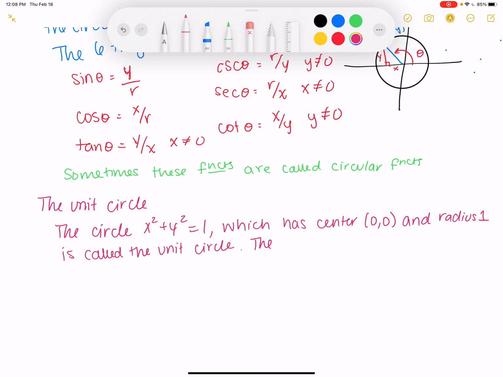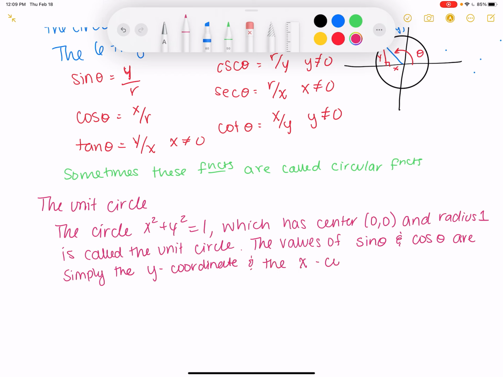The values of sine of theta and cosine of theta are simply the y-coordinate and the x-coordinate, respectively, of the point where the terminal side of theta intersects the unit circle.